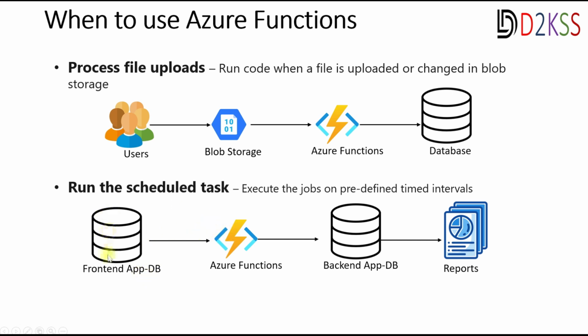Whatever request has been submitted by the public users, that data has to be processed by the backend users. So they are not in the same database. They are not consuming the same database. The public, whoever submits the request, is stored in the front end app DB, and the backend officers are using the backend app DB.